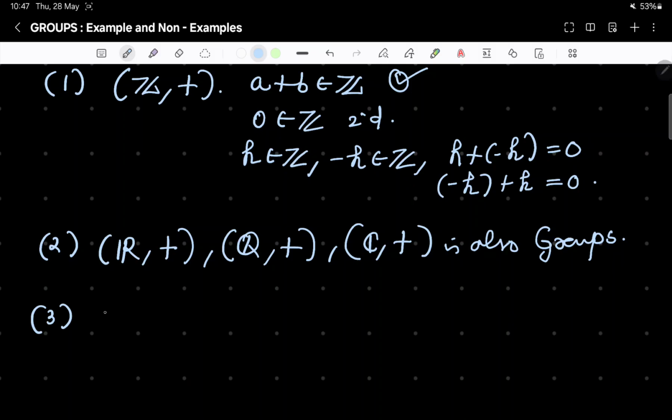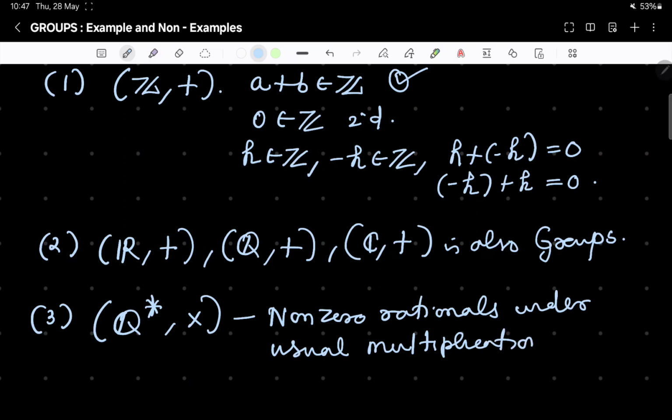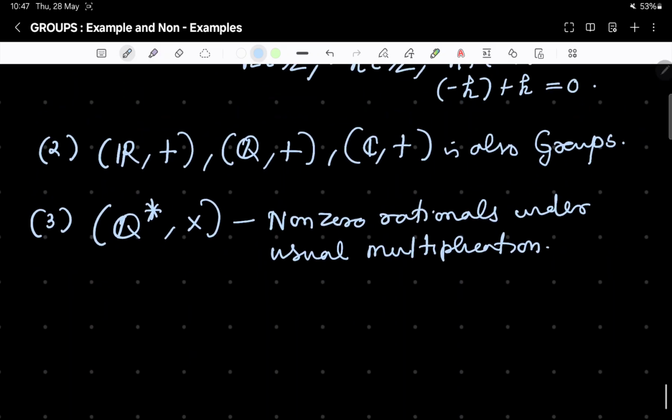So let's look at Q star under normal multiplication. So what does Q star mean? It is non-zero rationals under the operation usual or ordinary multiplication. So you can see that the associativity is there, and if you take any A, B in Q star, you can see that the product is also in Q star.